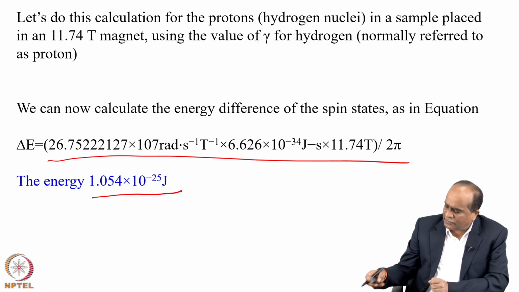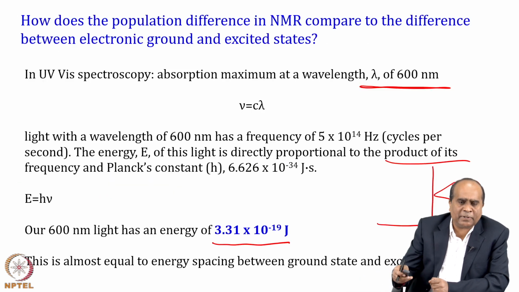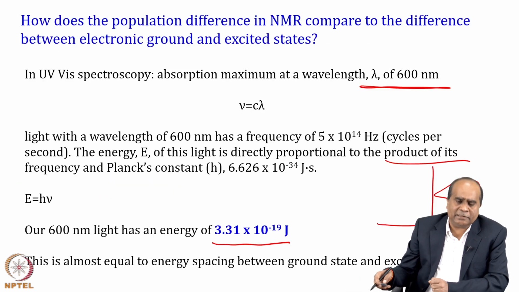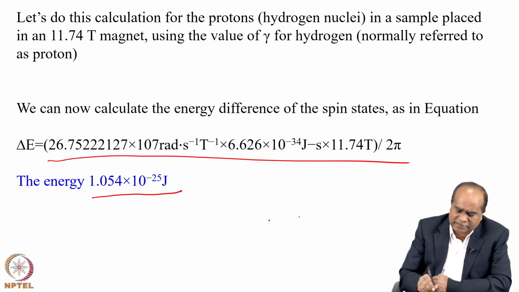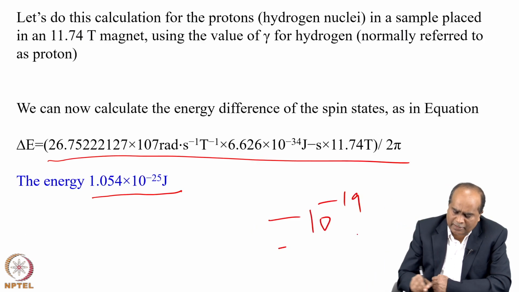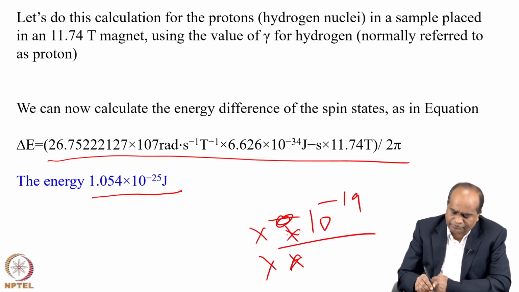How much was it for the electronic state? If you just compare, 10 to the power minus 19 divided by some x into 10 to the power y multiplied with 10 to the power minus 25.